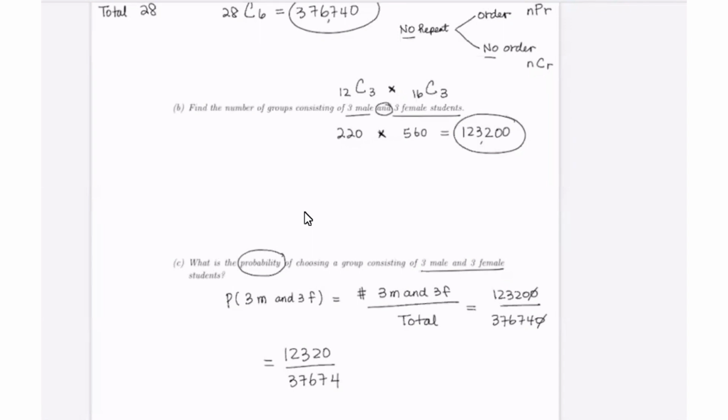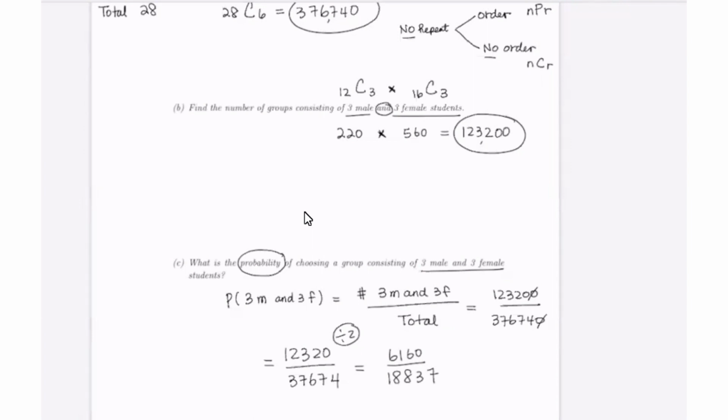Let's divide by 2. 12,320 divided by 2 is 6,160. 37,674 divided by 2 is 18,837. Yes, that's all we can do.